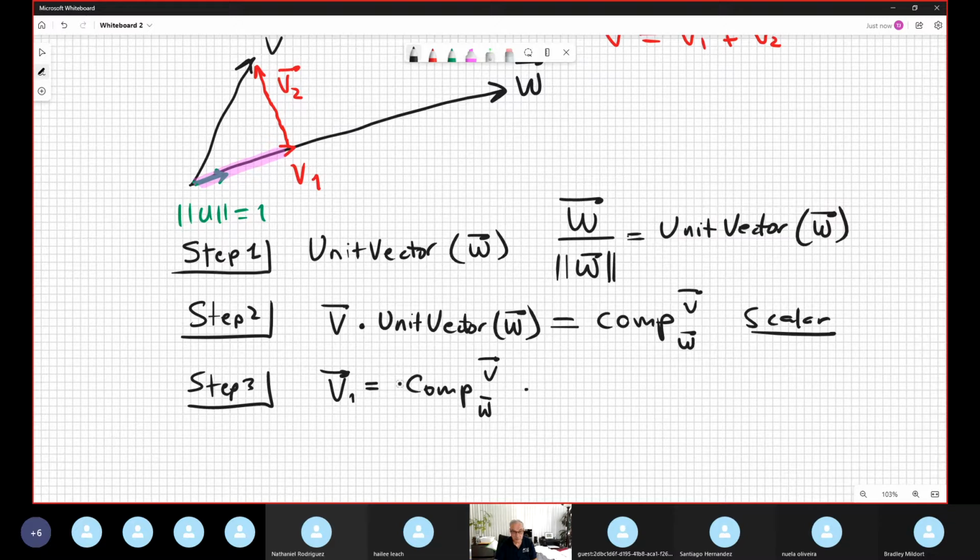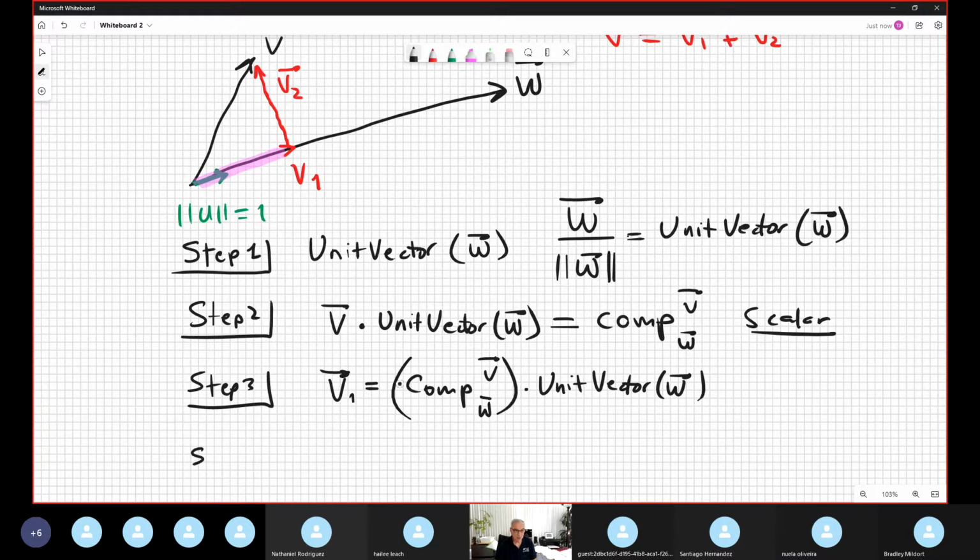No special dot product, just multiplication by the unit vector in the direction W. Do you understand this idea? Yes. And this gives me the vector B1, using the two components because it's two dimensions.